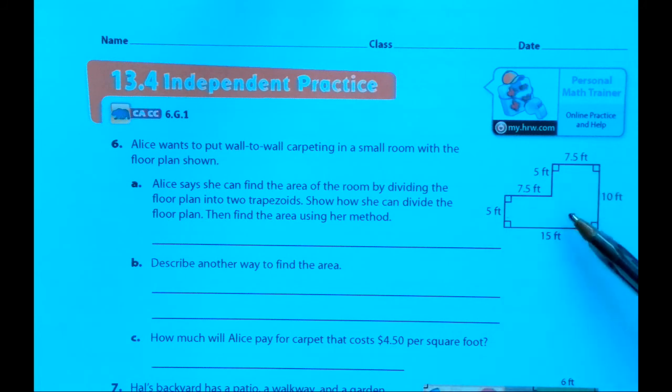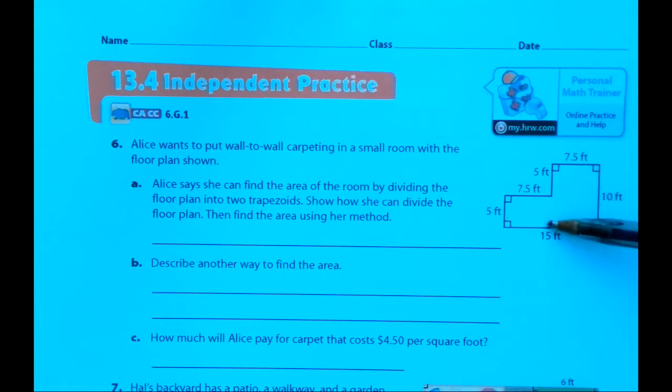So Alice says she can find the area of the room by dividing the floor plan into 2 trapezoids. Show how she can divide the floor plan and then find the area using her method. Right now, you would probably think of this as 2 rectangles, but she wants to look at it as 2 trapezoids.